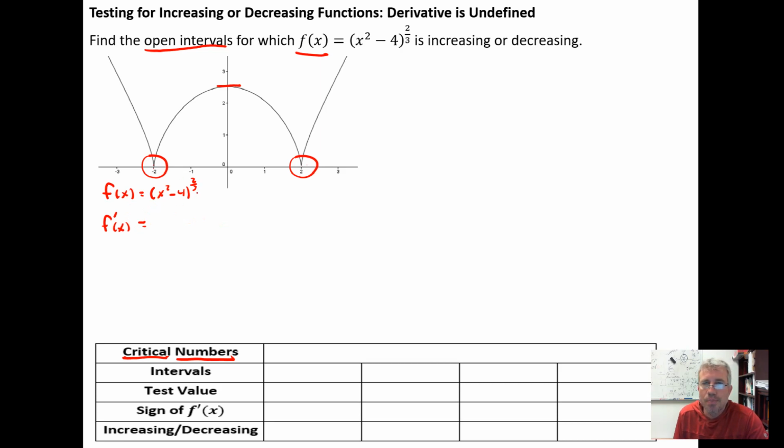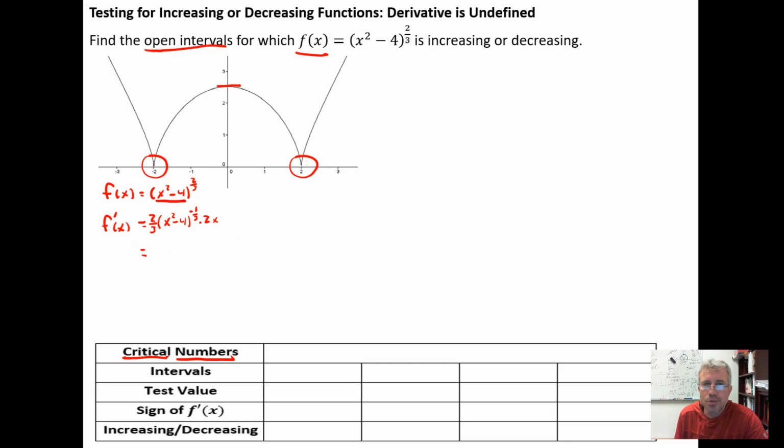So first step is take the derivative of the outer function. So I'm going to bring the exponent down using the power rule. So we get 2/3 (x squared minus 4), decrease that exponent by 1, so to the -1/3 power, times, and now multiply by the derivative of the inner function. So the derivative of x squared minus 4 is just 2x.